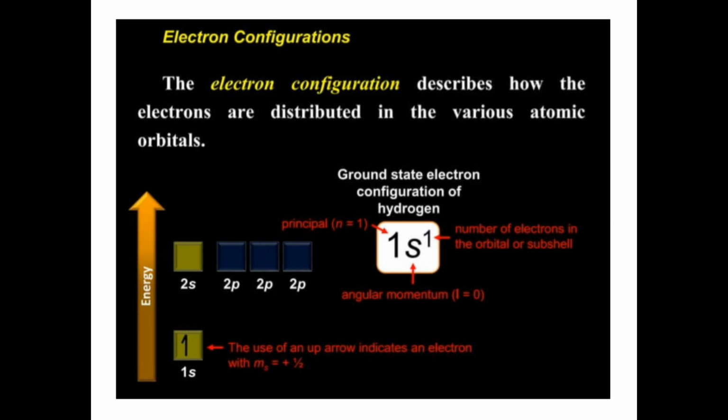You can show the arrow that shows the spin, either positive or negative, and then you can show the energy level, as the case may be. As we progress in this course, we are going to be looking at that. So basically, electron configuration describes how electrons are distributed in various atomic orbitals, or we can define it as the arrangement of electrons around the nucleus of an atom.